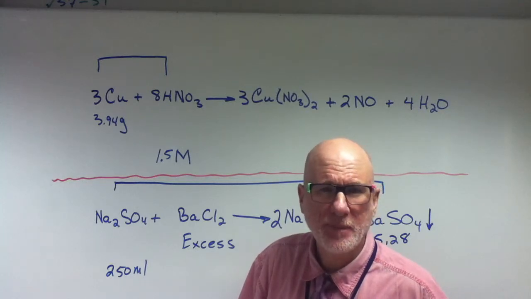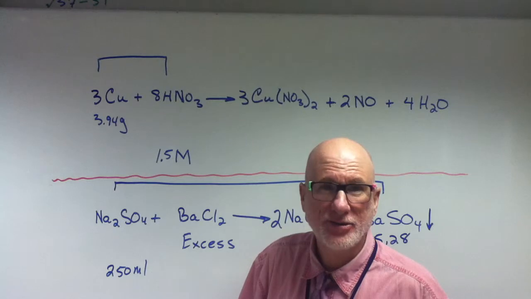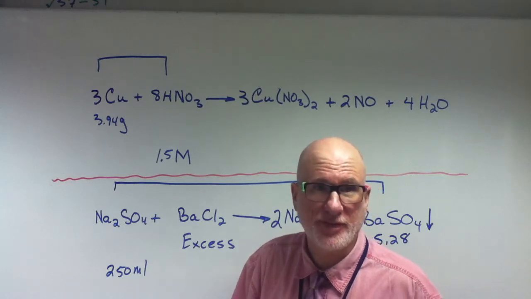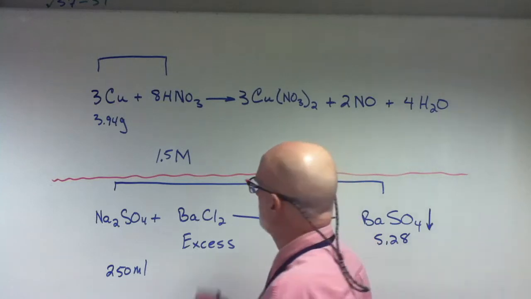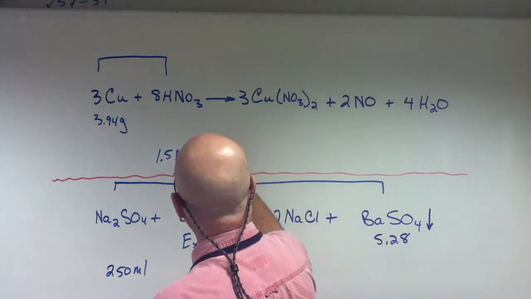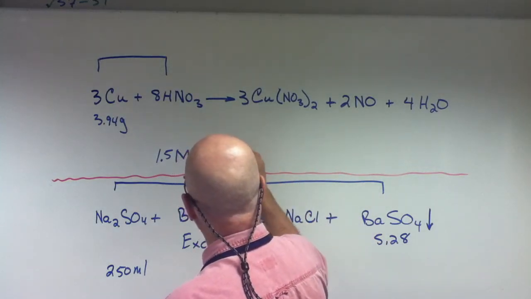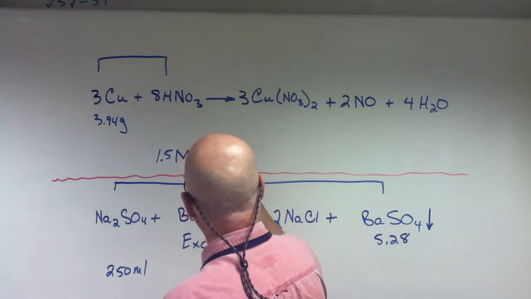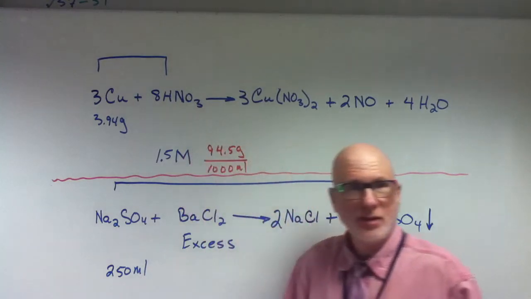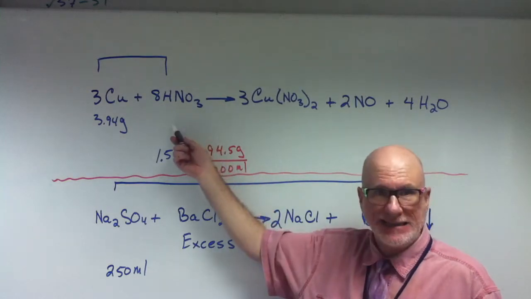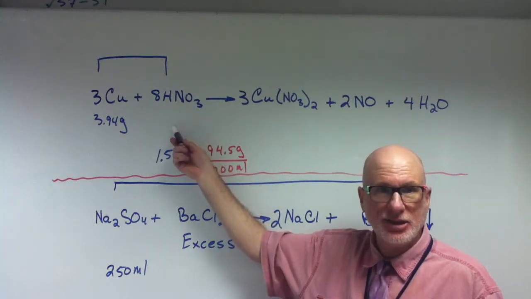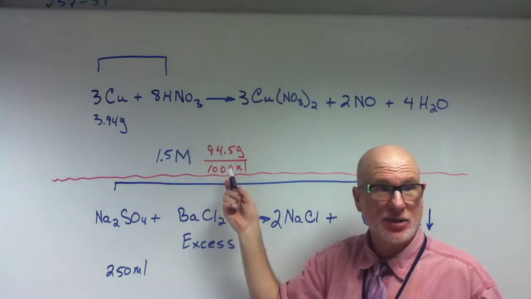You remember? 63 times 1.5, 94.5. Okay. So I know that it's 94.5 grams per 1,000 milliliters. So when I come up with the mass that is needed, then I can determine what volume I need, correct?